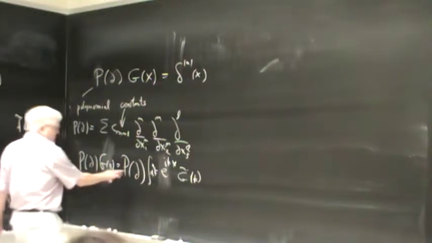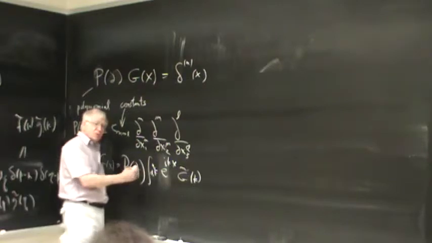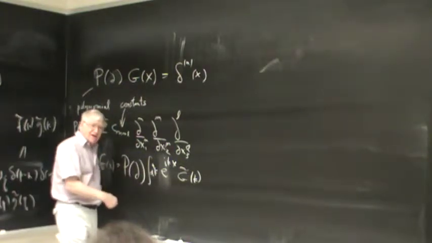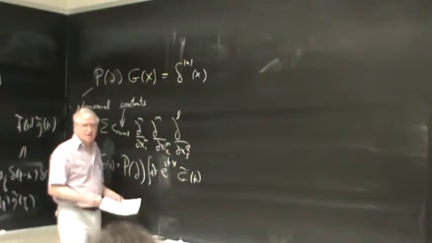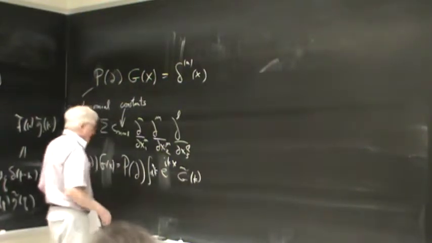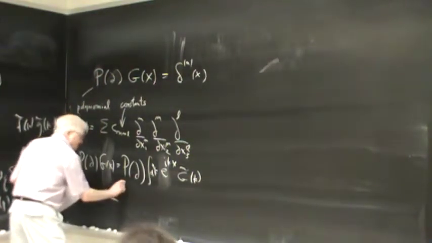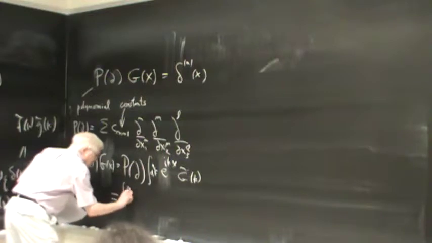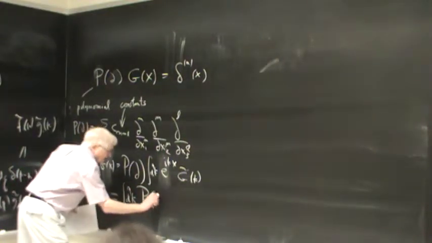And now when this differential operator hits this exponential, each derivative pulls down an ik. If it's a derivative with respect to x1, it pulls down an ik1. If it's a derivative with respect to x3, it pulls down an ik3, and so forth. And so this thing turns into an integral d^n k, and then it's P of ik.